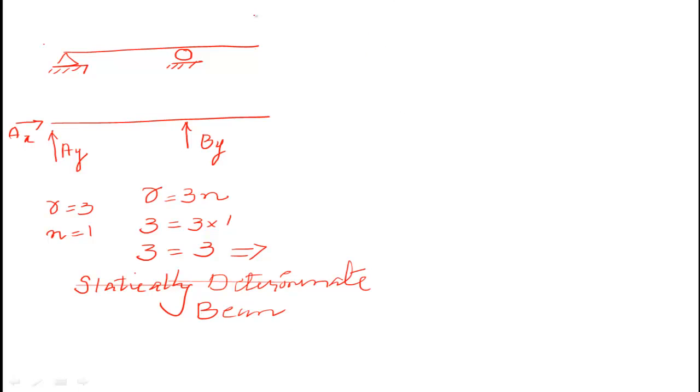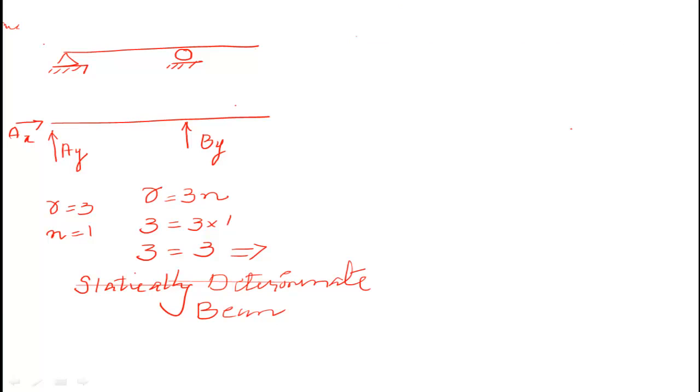Now example 2, which is also a beam. It has 2 roller supports, one at the middle and one at the extreme left hand.